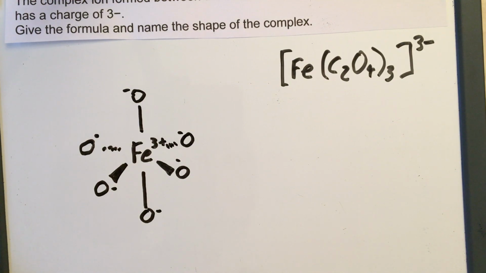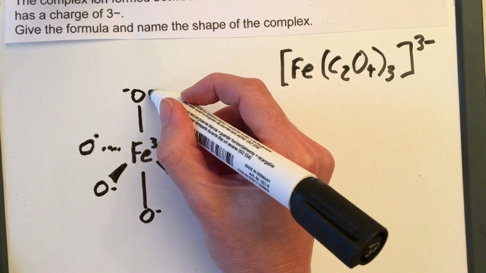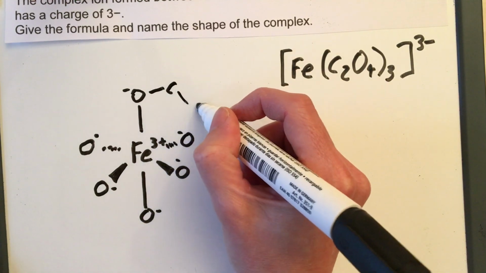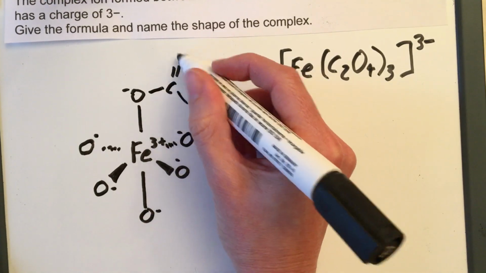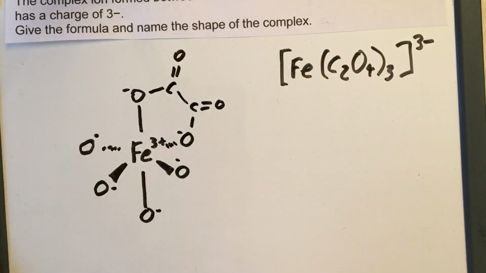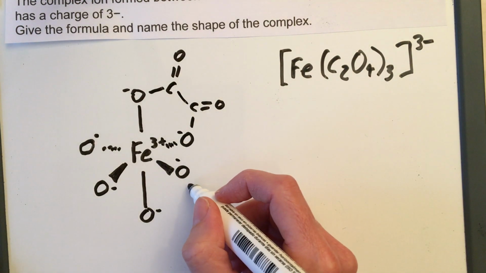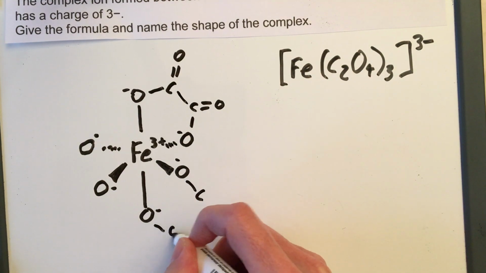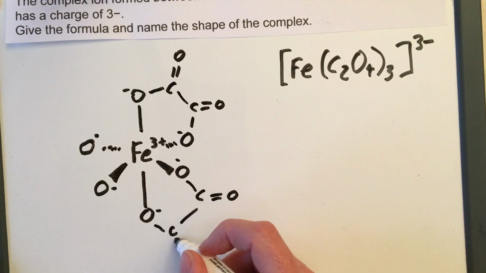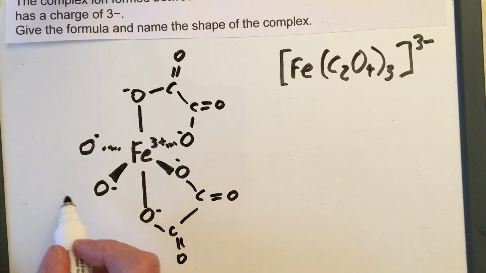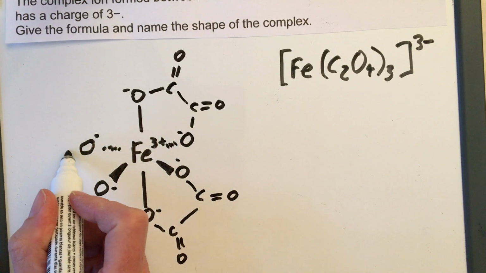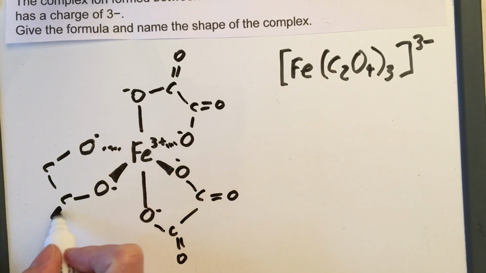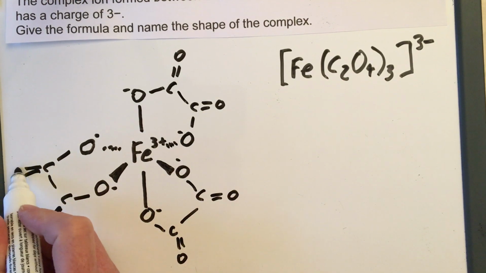It forms 2 bonds, so we need to draw these in pairs, and that's okay because you just take the oxygens in pairs and fill in the rest of the ligand. So the oxygen joins to the carbons, and then you put on the double bonds to oxygen. You take 2 more, join to the carbons, put on the double bonds to oxygen, and the final 2, join them to the carbons and put on the double bonds to oxygen.